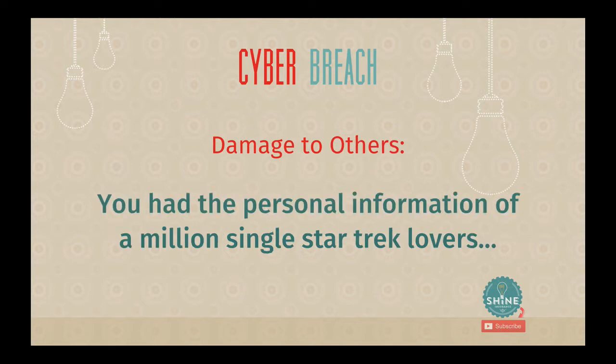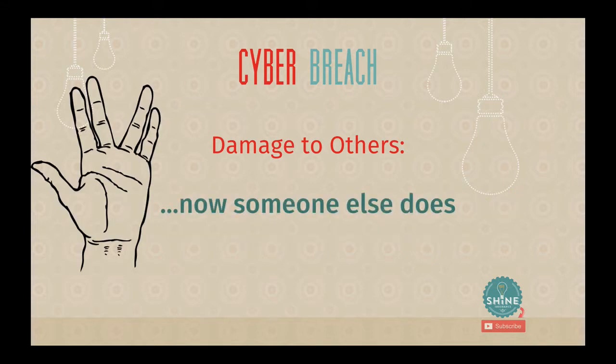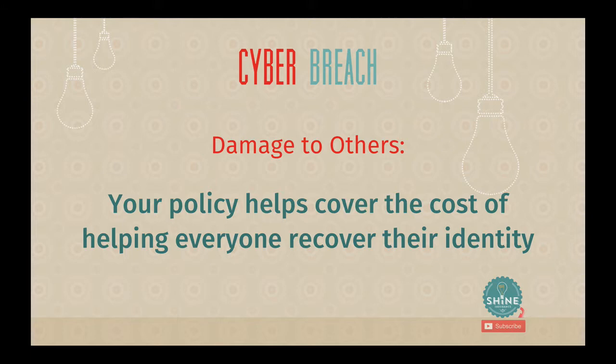Also, it can be damage to others, right? So you had the personal information of 1 million single Star Trek lovers on your app, and now someone else does. So what does that mean? What are we going to do to deal with that? Well, your policy helps cover the cost of helping all those Star Trek lovers recover their identity and maybe connect with each other in lots of very funky and cool ways.